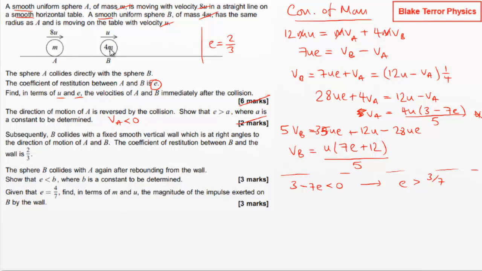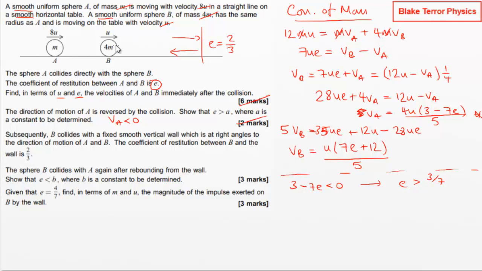Okay, so when B hits the wall, we've got the velocity of A when it's moving the other way. We already know that. So B's got to hit the wall, then it's got to turn around, and it needs to now be going quicker. It needs to have a greater magnitude than the velocity of A. Right, so that should be okay.